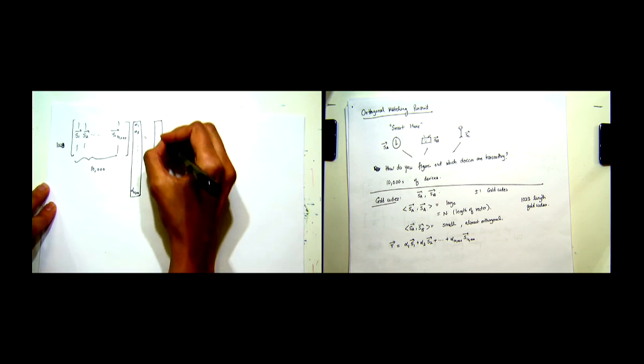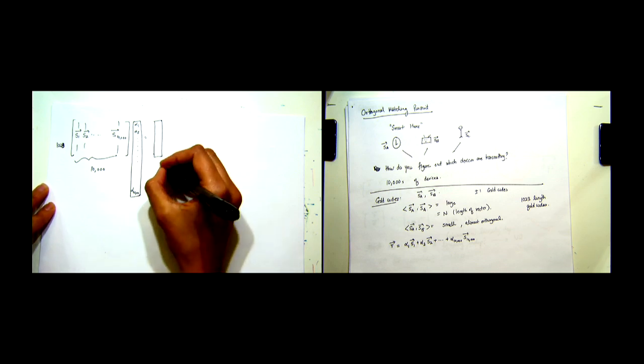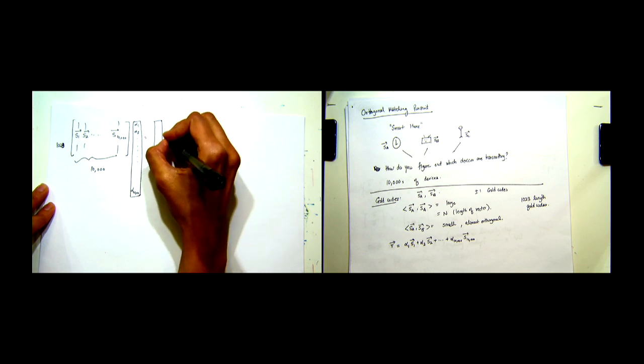And my received vector is of length basically 1023. So this is my R vector.